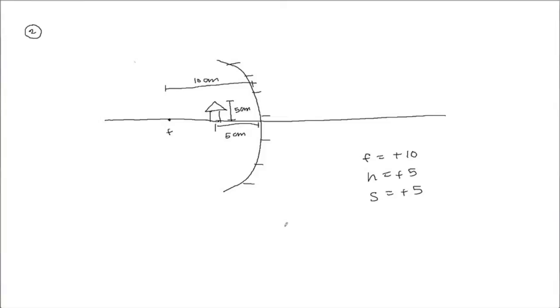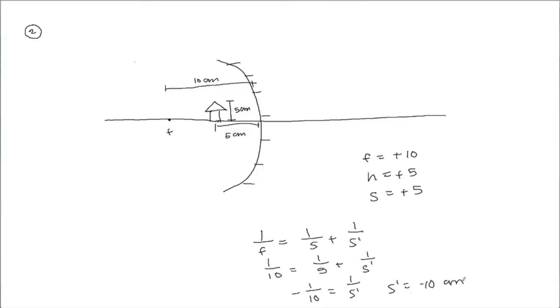And then we can use the equation 1 over F. And then we can do H prime over H equals negative S prime over S.